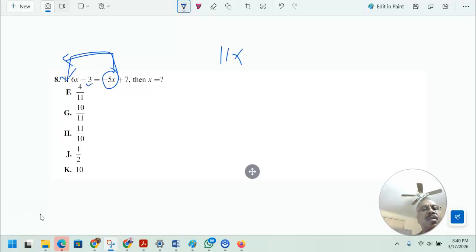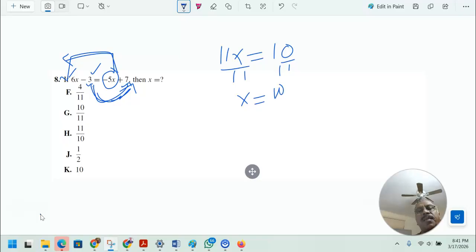And this minus 3, when you add 3 to both sides, goes to the other side as plus 3, which gives you 10. So see how easy. 10 and then you divide, you get the answer. Within one step, you can get the answer.